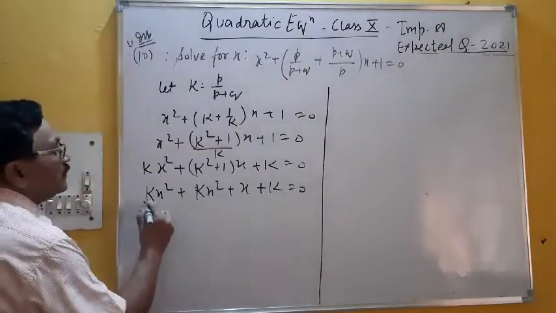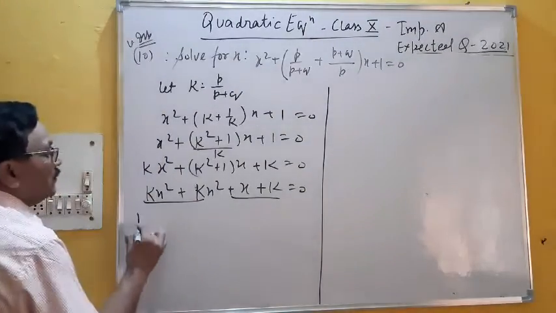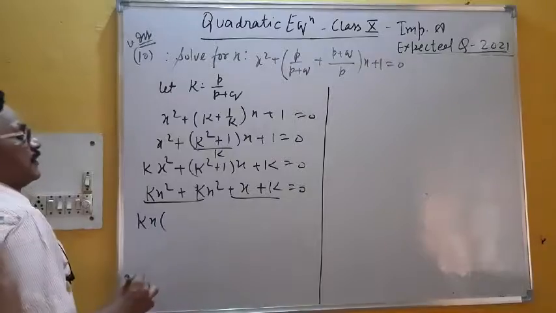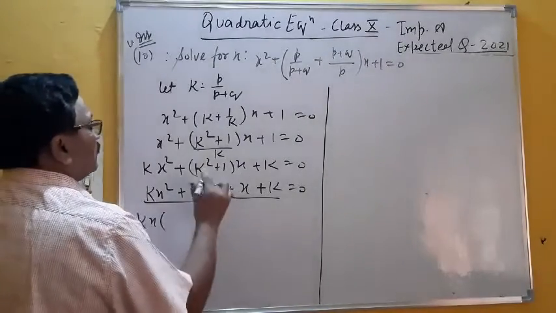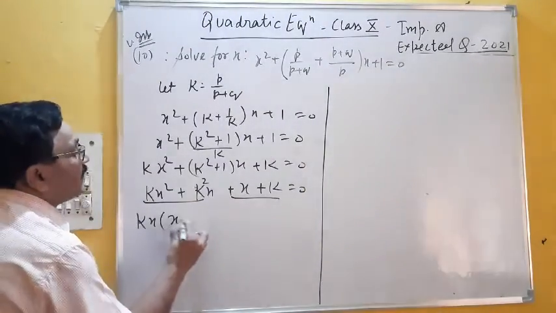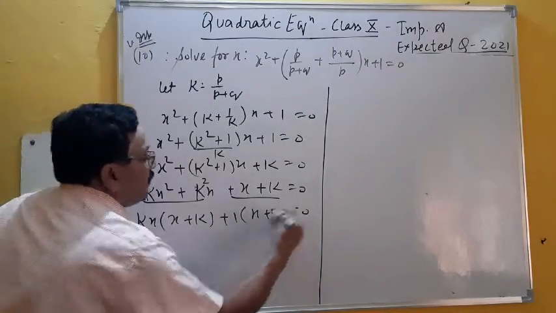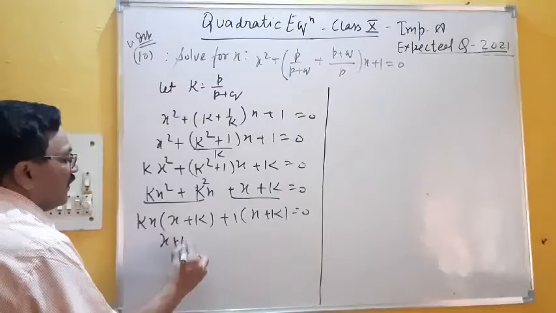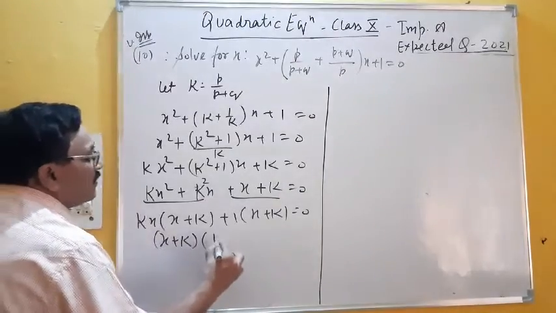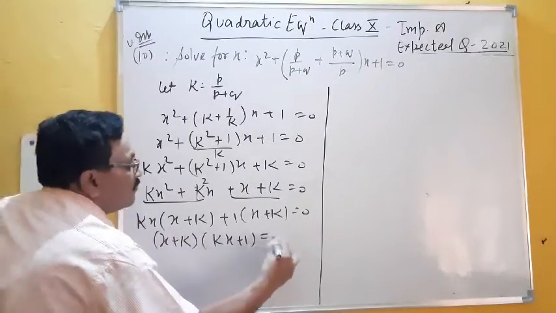Now check. Here you can take some common. kx is common. You will get x plus k, plus 1 common, x plus k equal to 0, x plus k, kx plus 1 equal to 0.